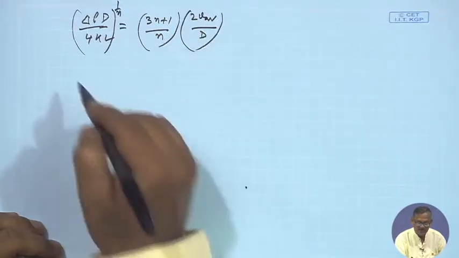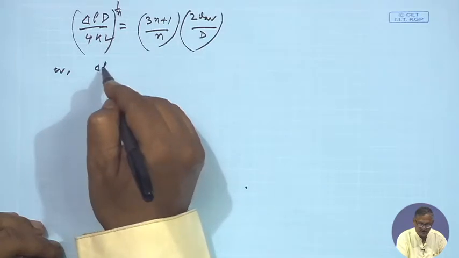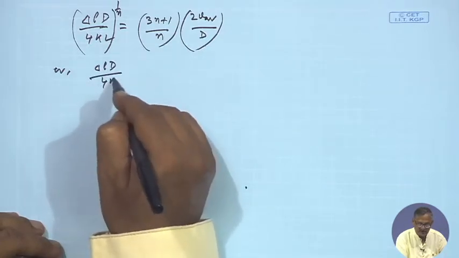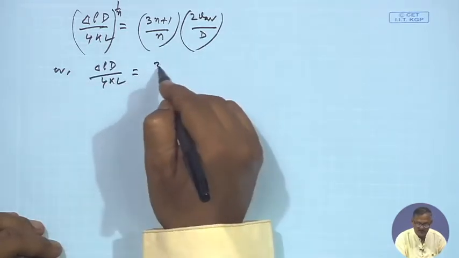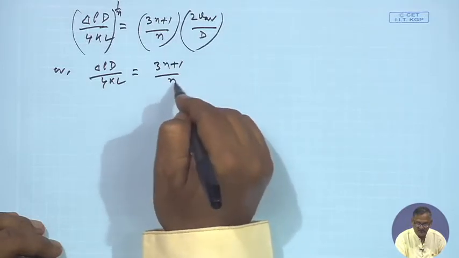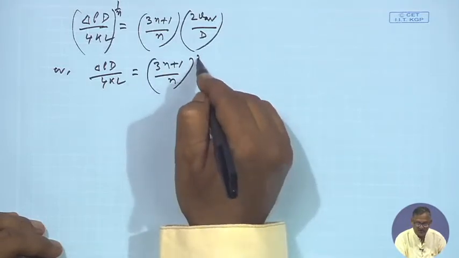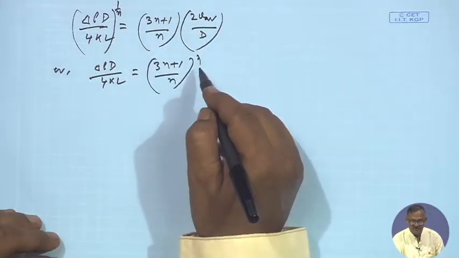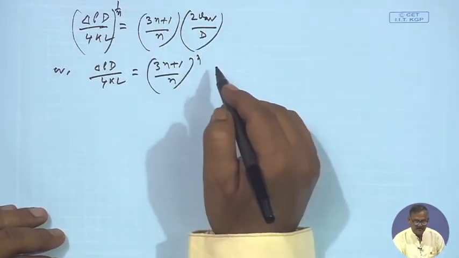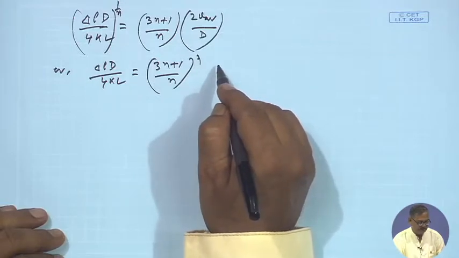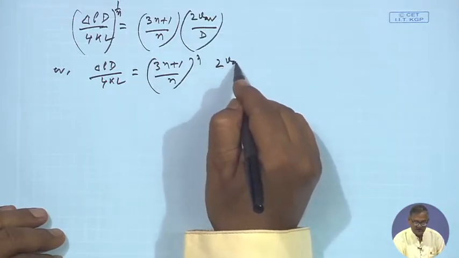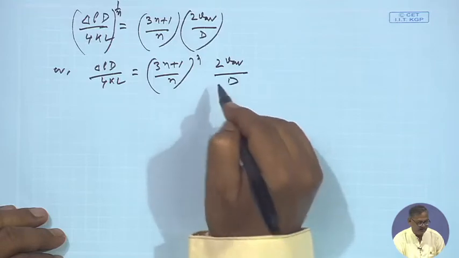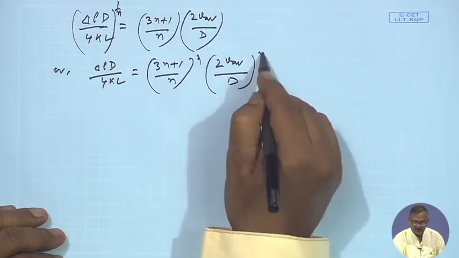So if you write delta p d by 4 k L, this is equals to 3 n plus 1 by n whole to the power n, because when k goes there it is inversed. So, to the power n, and this also becomes equals to 2 V average by d to the power n, right.